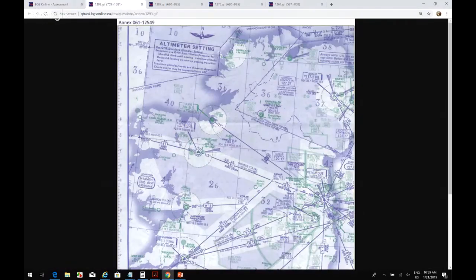So 53 and 18.1, 53 and west 856.5. Okay, so there's a civilian aerodrome, there's a military aerodrome, there's an NDB, it's Galway anyway.